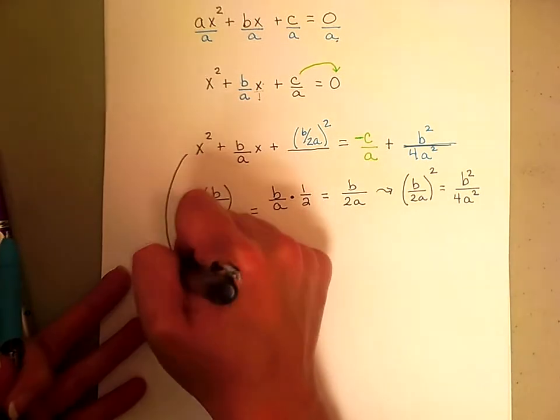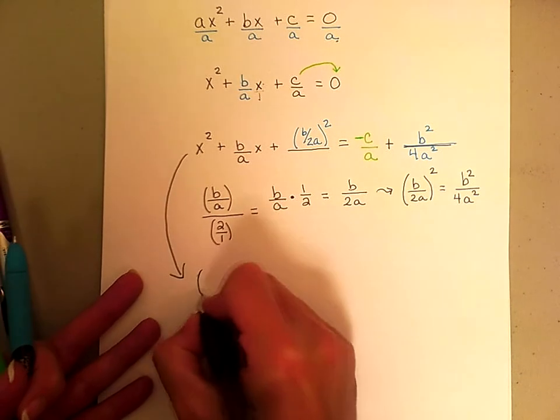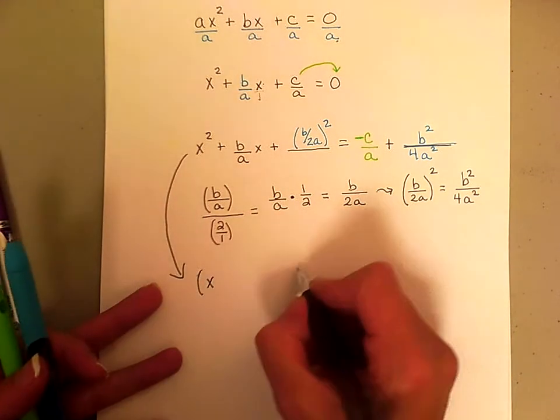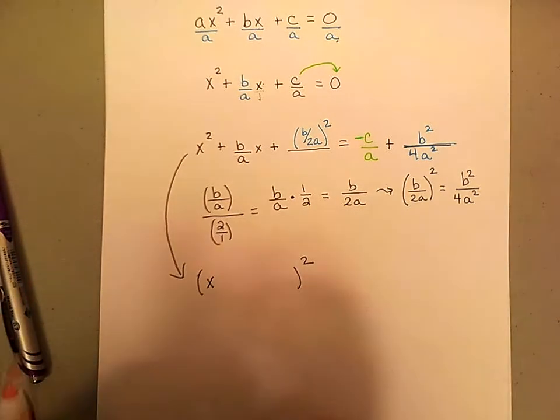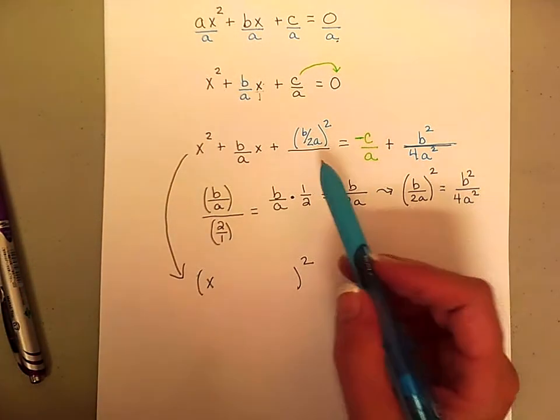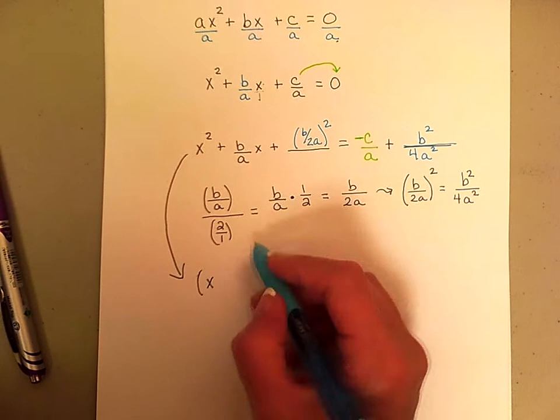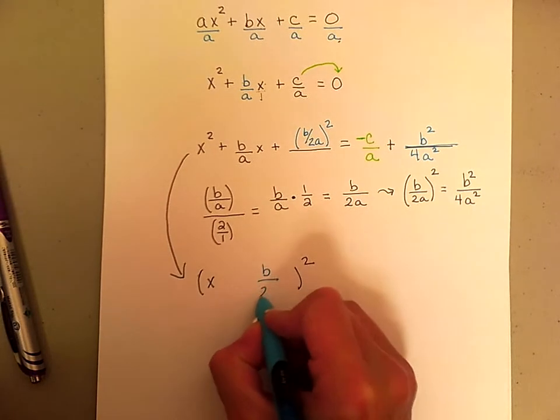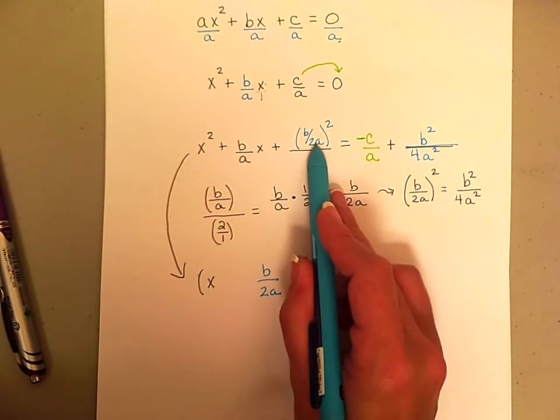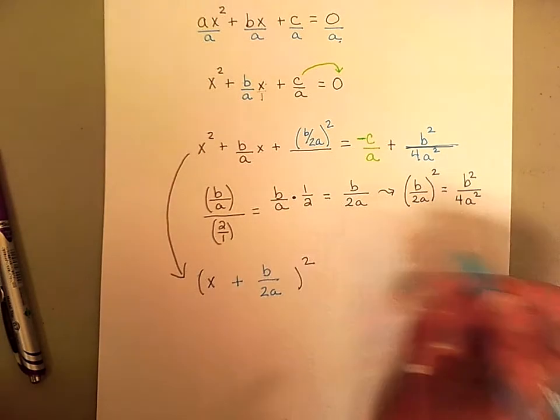Now this will collapse into x, some quantity squared, and that quantity will be what's inside of here, b over 2a. This quantity is positive, so we put in a plus.